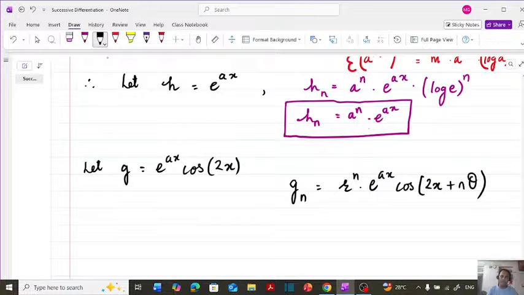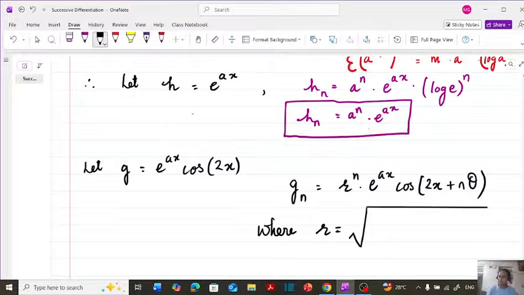So here, r is going to be log of, it's going to be log e raised to a, the whole square plus 2 square.